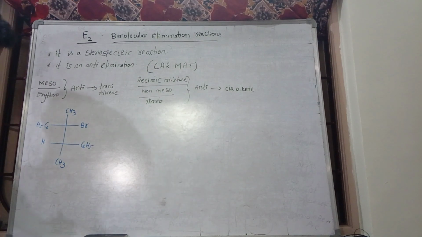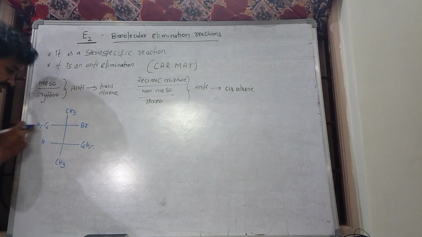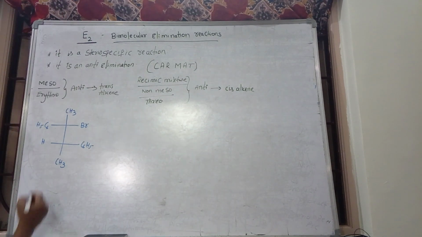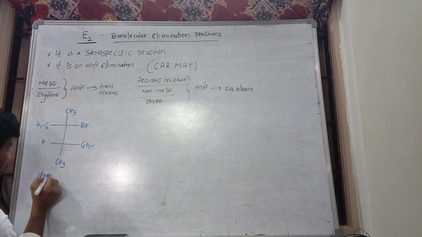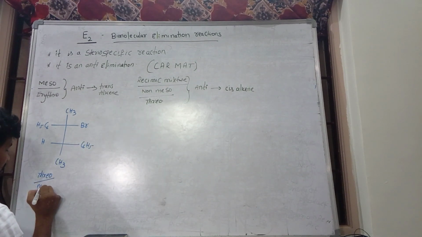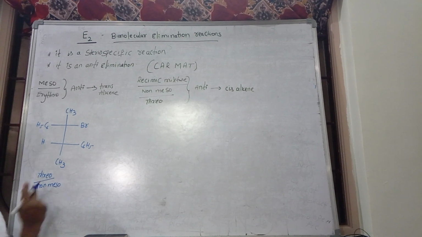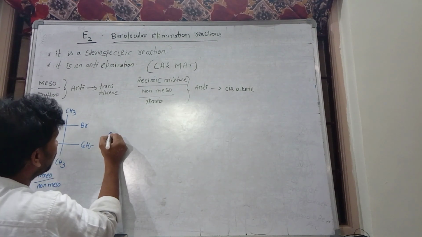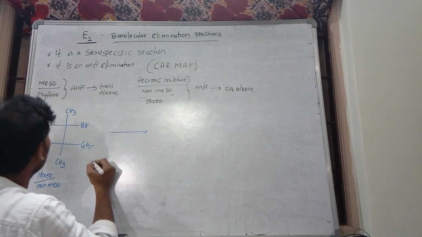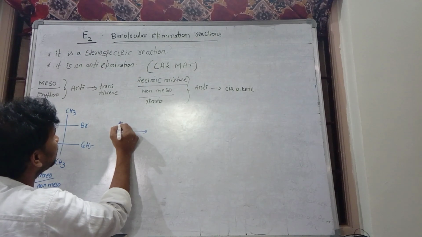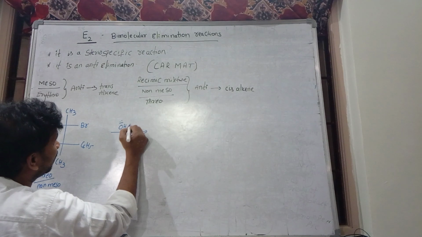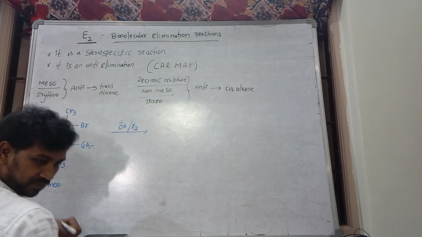Here you see the C6H5, C6H5 groups are not on the same side, so it is a threo. Threo means non-meso. So if you take non-meso and go for E2 elimination with OH minus, this is a secondary one, it participates in E2 elimination.